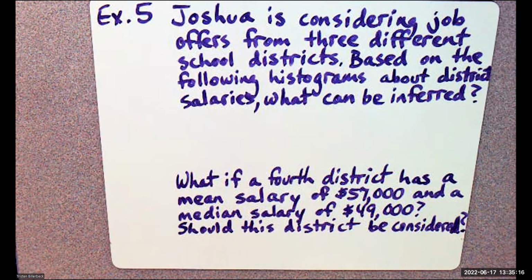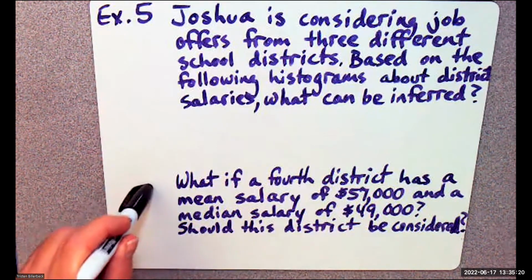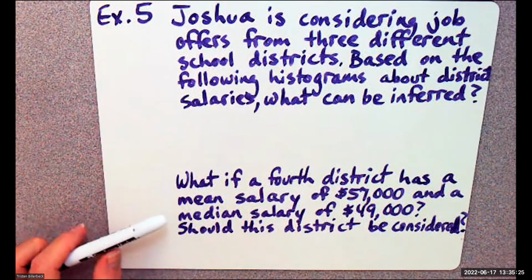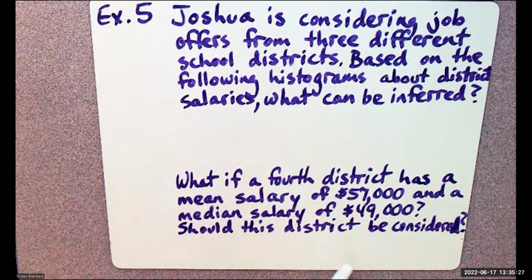What can be inferred? And then we want to look at another question while we're looking at the data. If the mean salary of a fourth district is 57,000 and the median salary is 49,000, should he consider that district as well? So let's take a look.